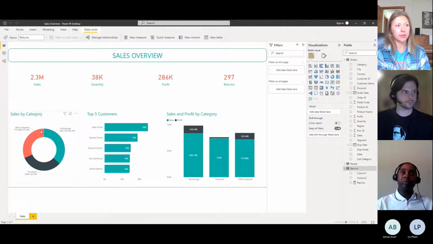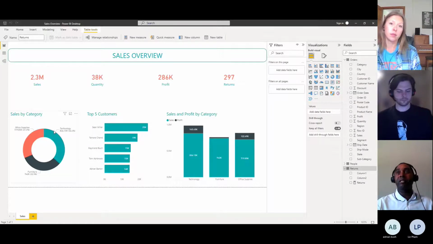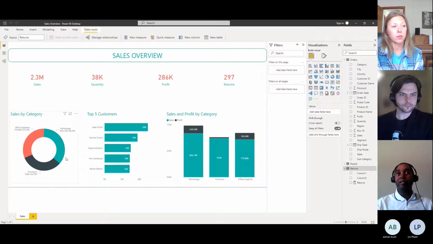If it was by store, then it would be one section, maybe store number 1, and then another section, store number 2, to see how many sales there are by specific store. Since I did not have the demarcated stores in this case, I utilized category. So there were 3 categories of the sales: office supplies, technology, and furniture.